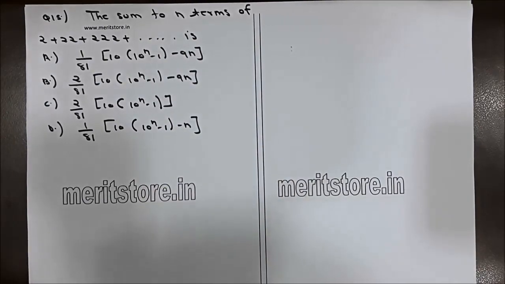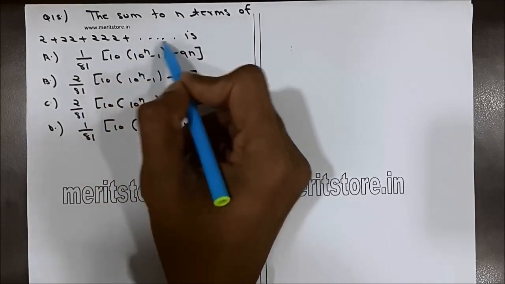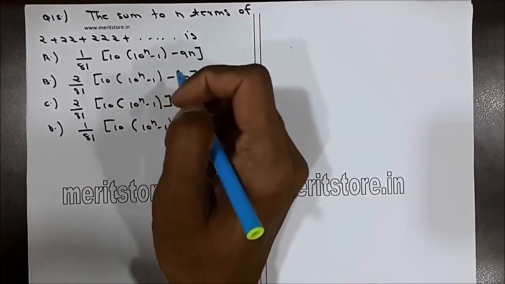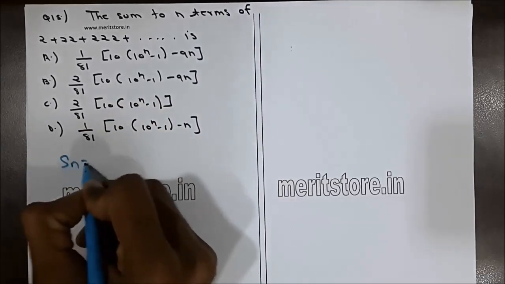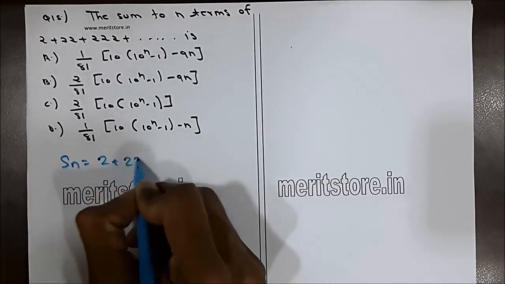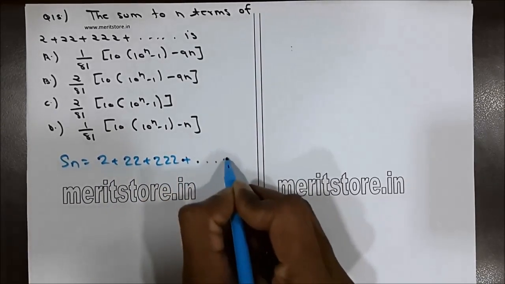Question 15. The sum of n terms of 2 plus 22 plus 222 plus so on is, we have 4 options. We have Sn is equal to 2 plus 22 plus 222 plus up to n terms.